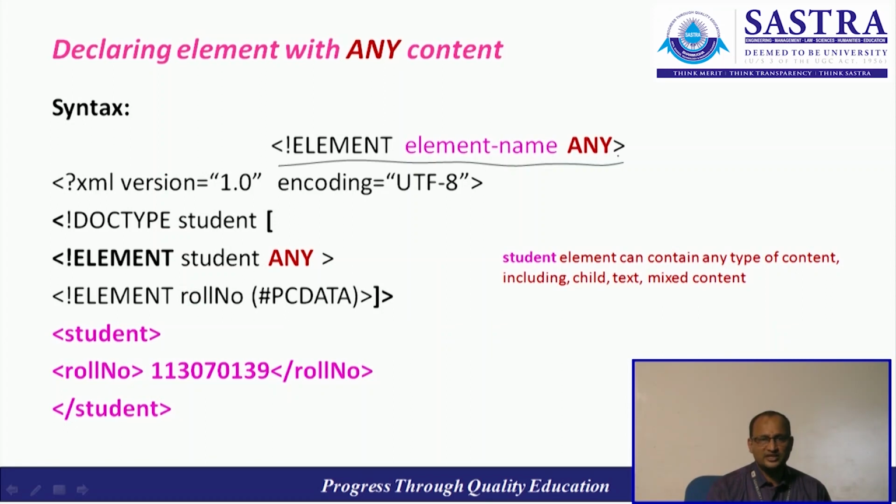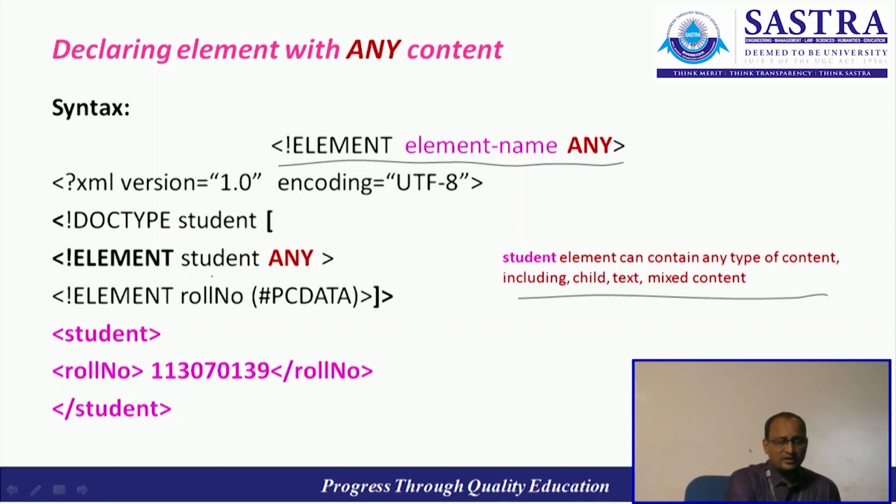This is the syntax: ELEMENT, element name followed by a space and the ANY keyword. It should be given in capital letters. The student element can contain any type of content, including child elements, text or mixed content.